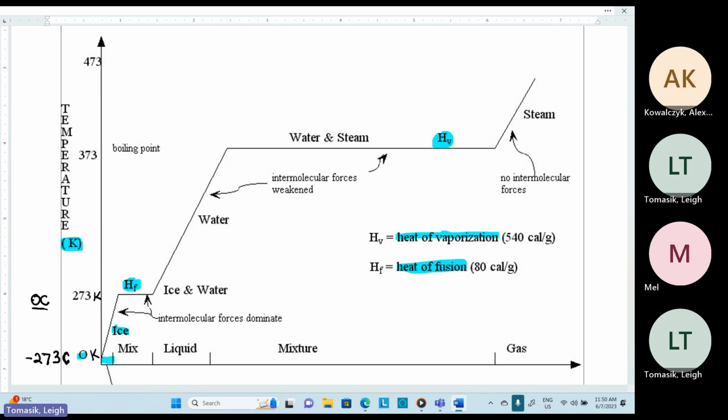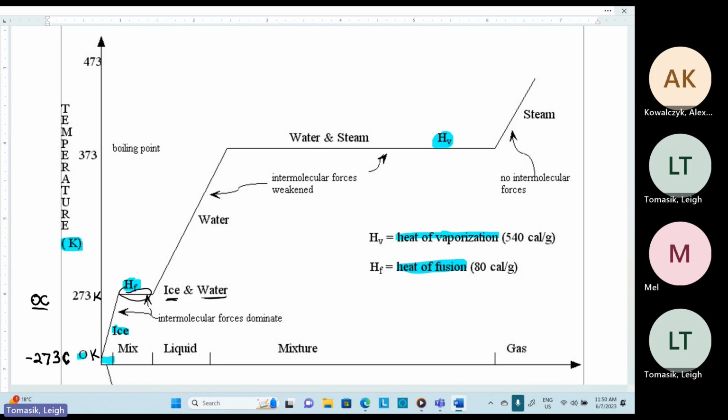So the word plateau refers to this horizontal line, where the temperature is not changing. At that point, all of the energy that you add to the water is going to changing it from ice to liquid water.